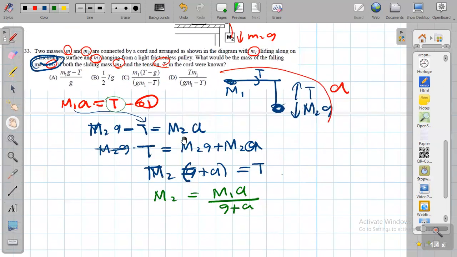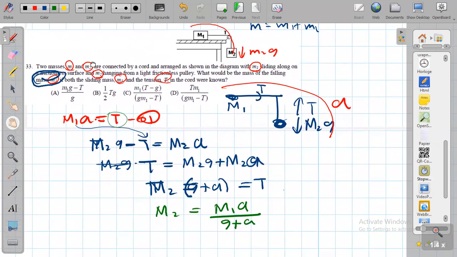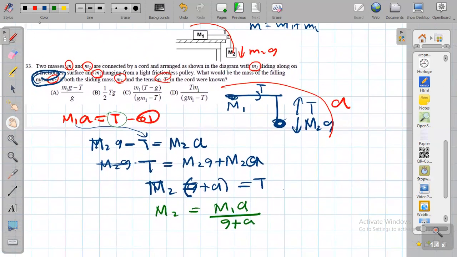But all the answers are excluding the mass here. There is no way to include M1 to the, because M2G minus T equals M2A.